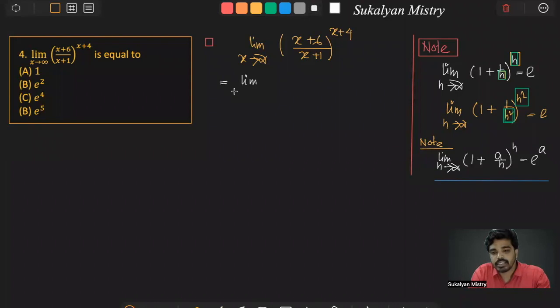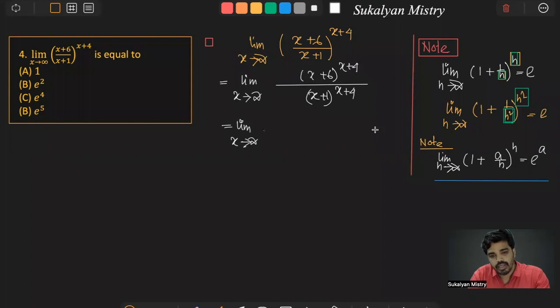This can be written as limit x tending to infinity, (x+6)^(x+4) divided by (x+1)^(x+4). ঠিক, so that is limit x tending to infinity, (x+6)^x into (x+6)^4 divided by (x+1)^x into (x+1)^4.